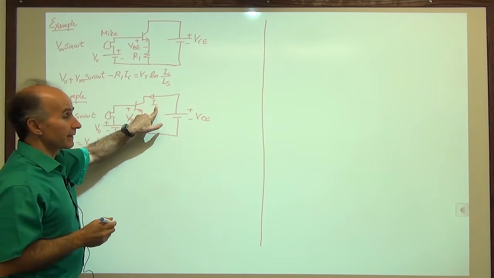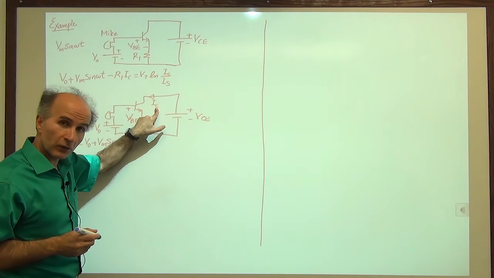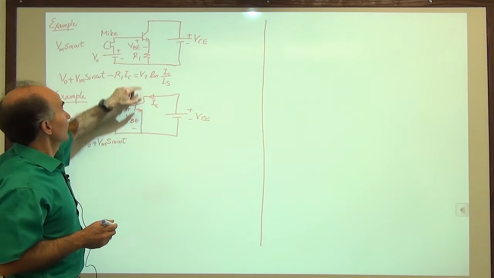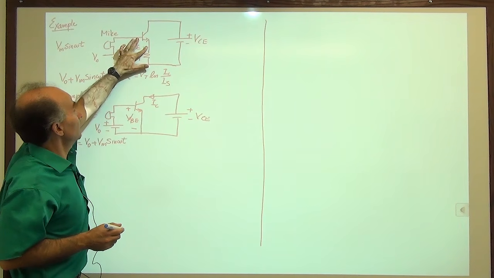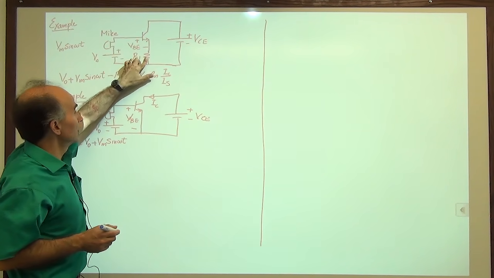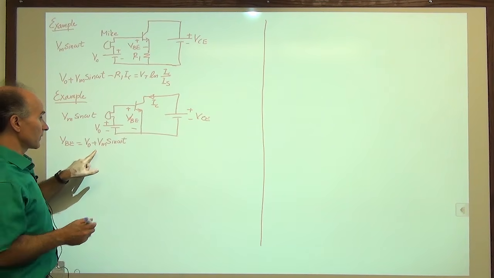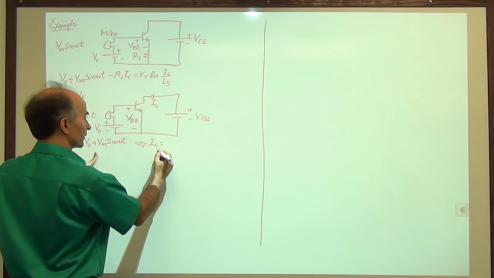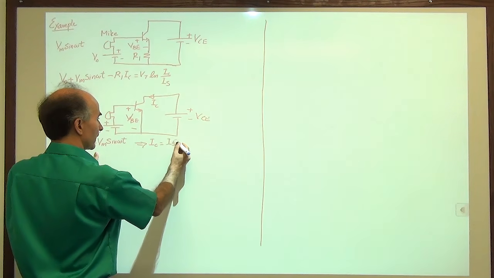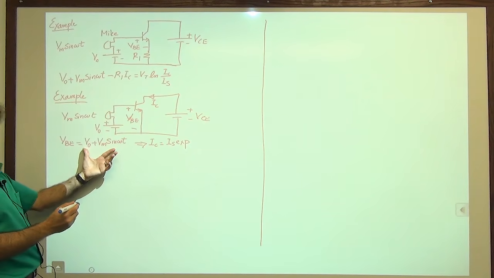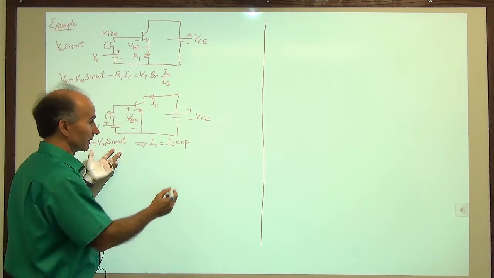And we know that IC is an exponential function of the base emitter voltage. We couldn't do that before because the base emitter was not directly available in this KVL. But here it is directly available. So I can say IC is equal to IS exp of the base emitter voltage, which happens to be all of this divided by VT.